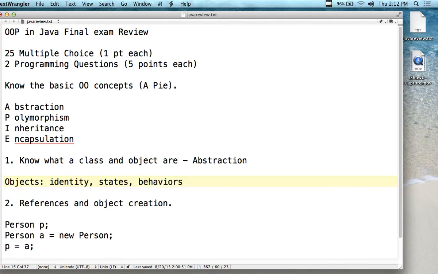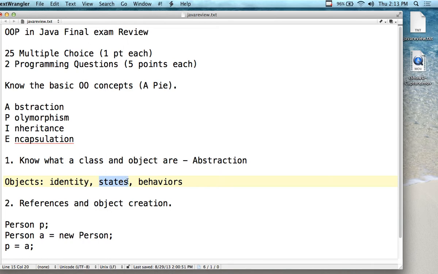Which one is identity? Identity is the name of the object. It's our identity. It's what we're referring to as a chair or as a person. The states are the data that we're keeping of each one of the objects. And the behaviors are methods. So states are also called attributes.